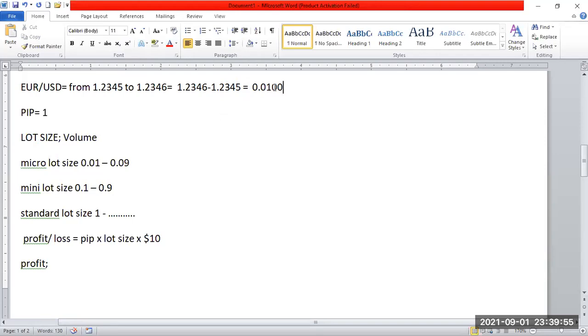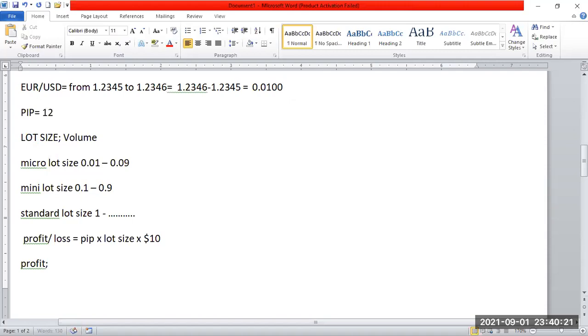You can't leave it at 2 decimal places. So it's now in its fourth decimal place. So what would your pip be now? Your pip will be 100.